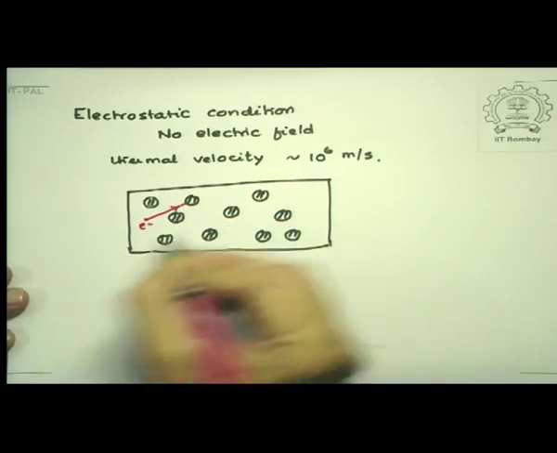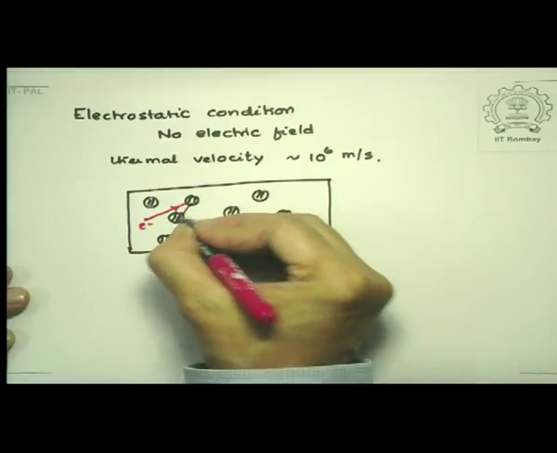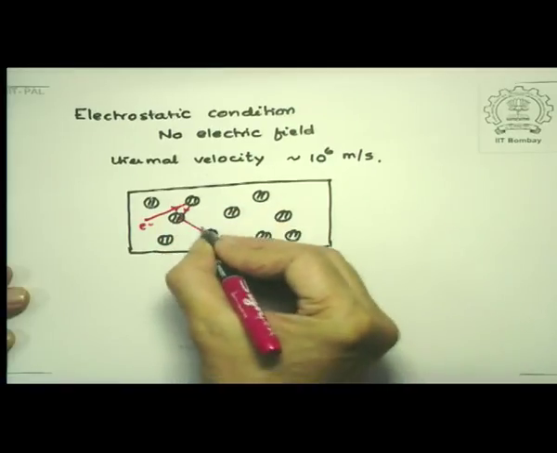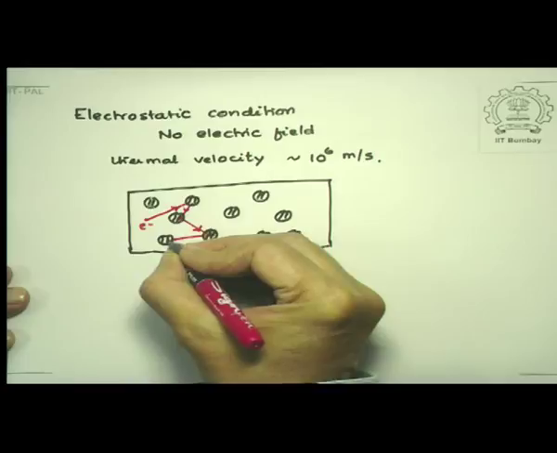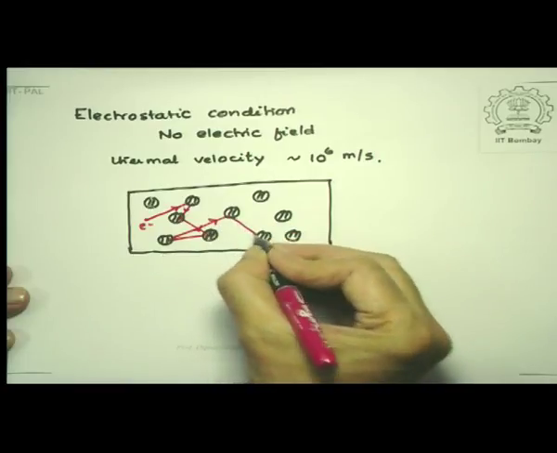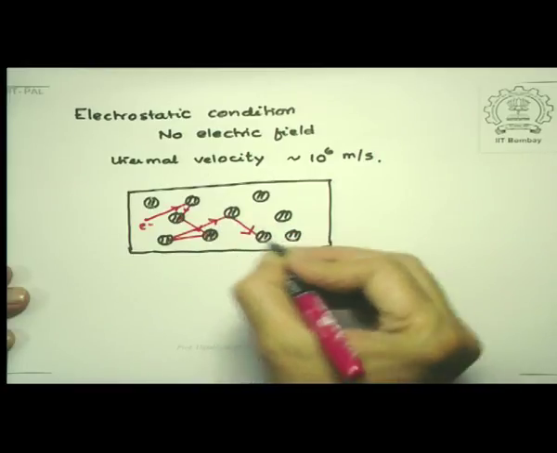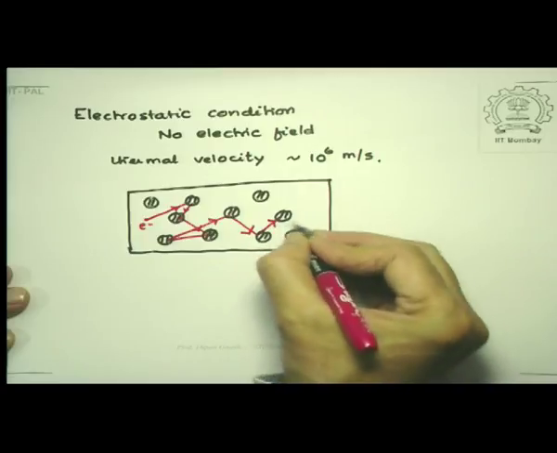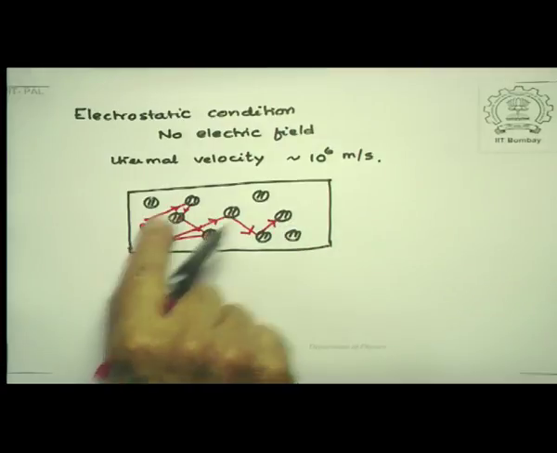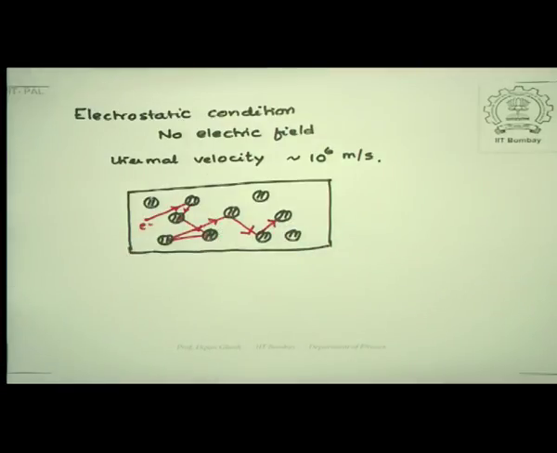If this is an electron, it could go here, then here, then here. So all sorts of things can happen. There is no particular pattern, and let me explain why. This collision is essentially elastic in nature. So these are elastic collisions.